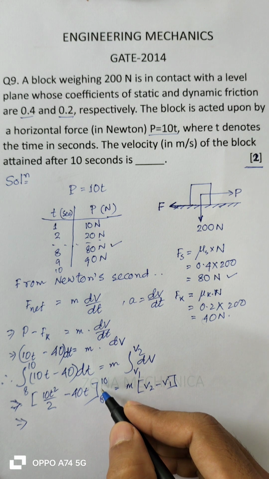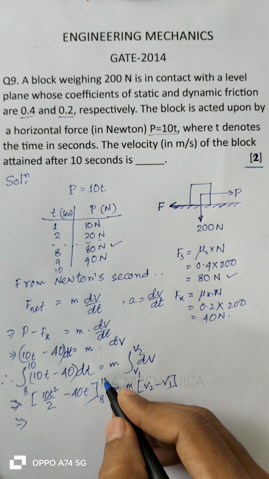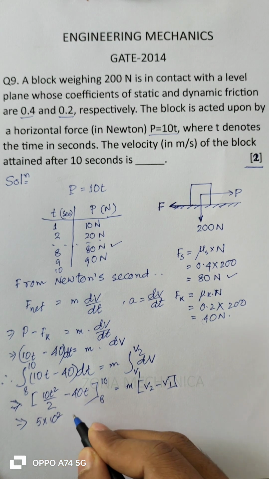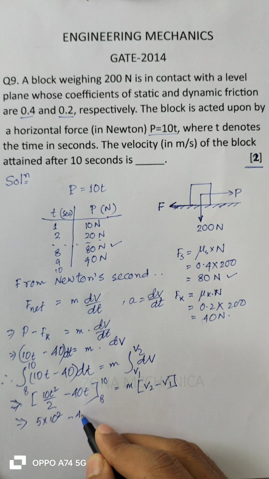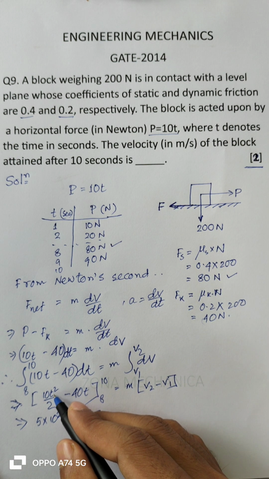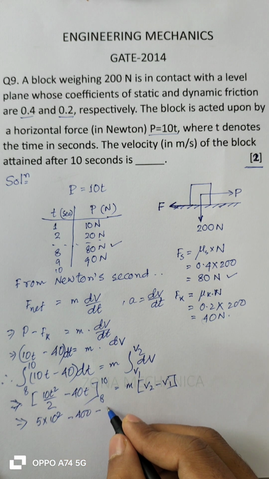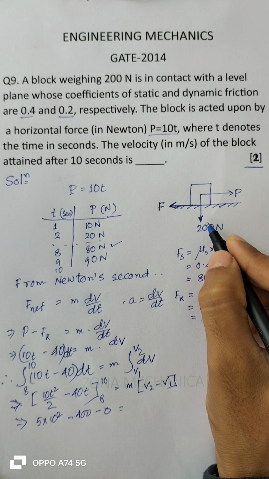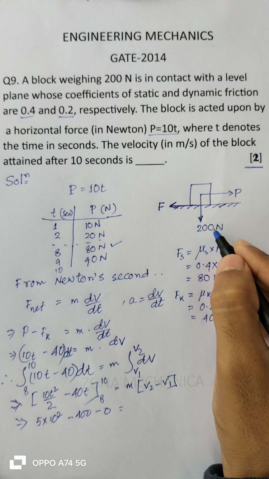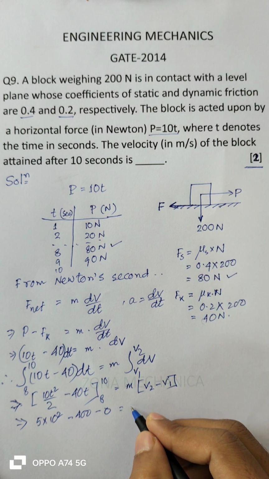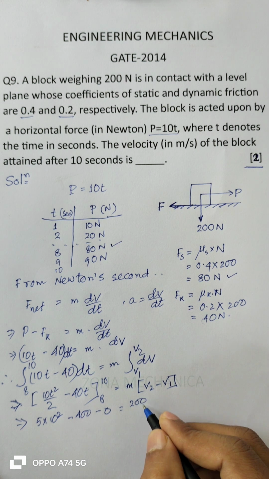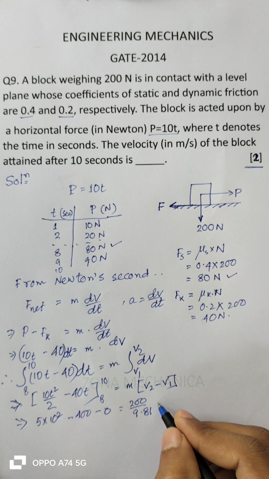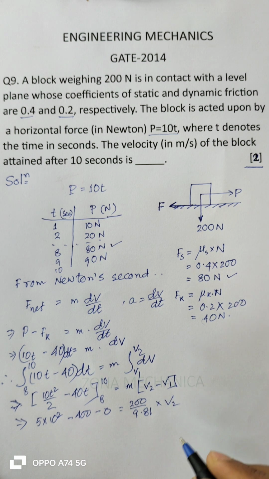If we put 10, this will be 5 into 10 squared, that is 500, minus 400, and if we put 8 here, this will give 0. So this is equal to m, the mass of the block, that is 200 divided by 9.81, into v2.